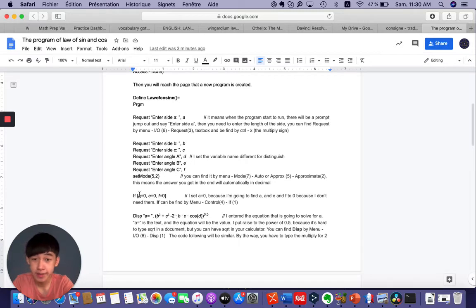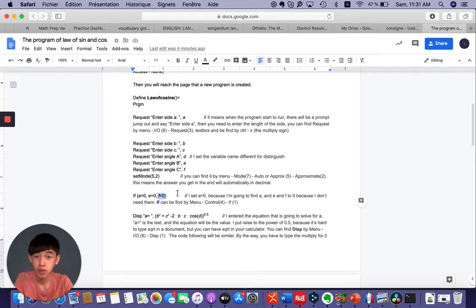I set these to 0 because these are the ones that we are going to find. I set A to 0 because I need to find A, and I set E and F to 0 because we don't need them.